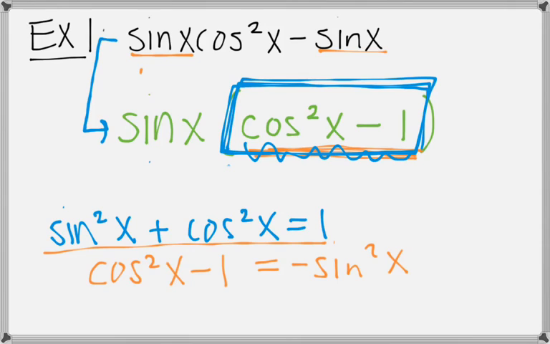If you look through all the other identities we've written down, none of the others have squareds. Okay? And we have a squared right here. So I'm trying to figure out what I have that is equal to cosine squared of x minus 1, and hopefully has a sine in it, because I already have a sine in my function. We're just simplifying. So it takes some getting used to, because you've never done this before. But we're just using the tools that we have to simplify it into something that's a little bit less complicated than what we started with.